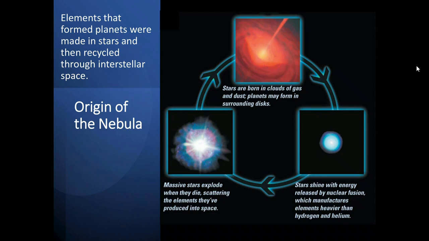The sun, we think, is a third generation star. So there's already been two previous generations of stars that have formed, lived through their life cycles, died, and recycled their gas back into the universe.